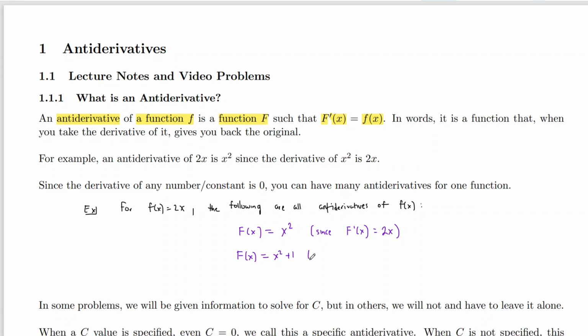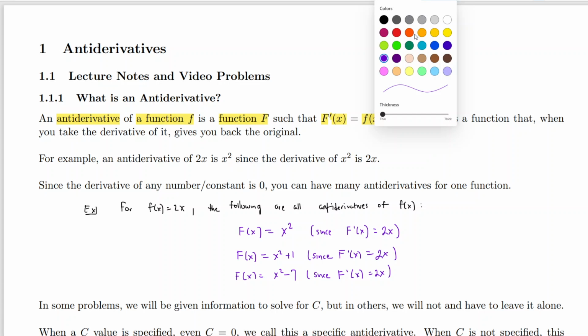That's still an antiderivative, because the derivative of x squared plus 1 is 2x plus the derivative of 1, which is 0. So it's still 2x. And I can do plus or minus any number. So I can do f of x equals x squared minus 7, just throwing out a random number here. And the derivative of this is once again 2x.